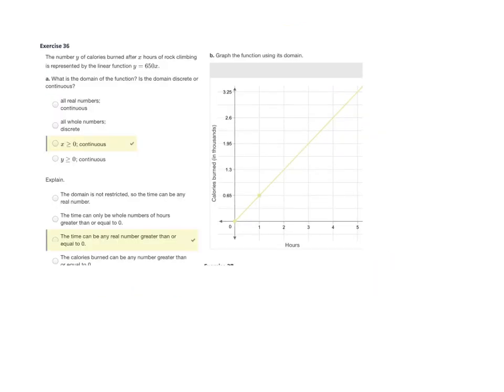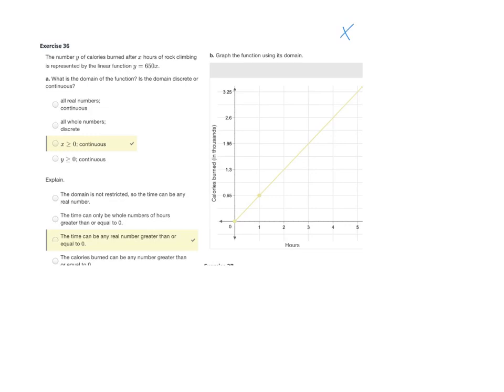36. The number y of calories burned after 8 hours of rock climbing is represented by y equals 650x. What is the domain? So the domain is going to be continuous because there's not anything that stops you. There's no chunks involved. So we know that the domain is going to be, and remember domain is x.